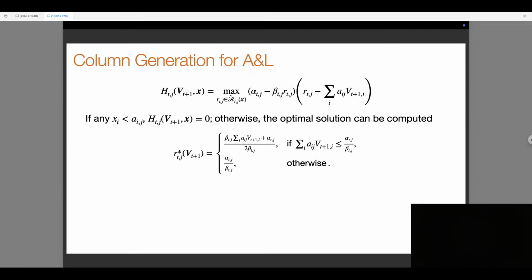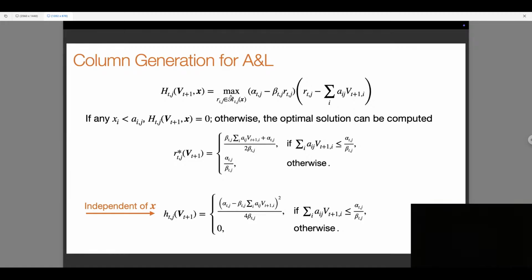And we can see that the optimal solution and its corresponding optimal value are irrelevant to the x. So we can define a new function.